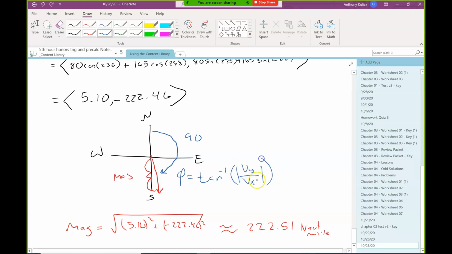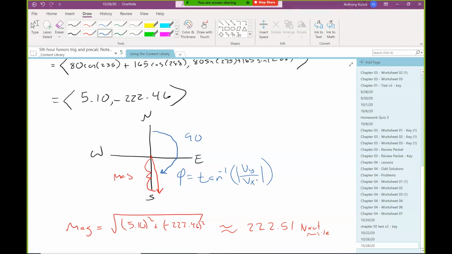Now, when we calculate a direction, we're always going to be using tangent, because what we have is a y-coordinate and an x-coordinate. So when I type that in, I get 88.69.